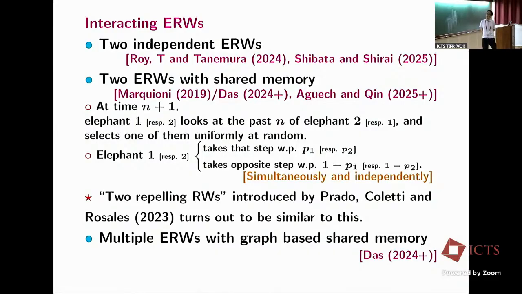And before going to repelling random walk, I'd like to explain two independent random walks. This has some historical background. In Pearson's paper, the term random walk first appeared.